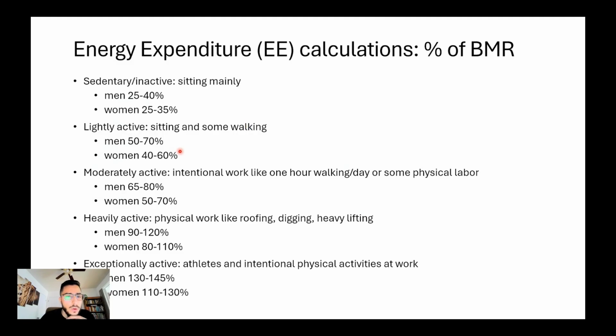You can just follow kind of a range, and you can also measure it as a percentage of the BMR. So a sedentary lifestyle where you're mainly sitting all day long, like for example, when you're working in front of a computer, for men, you'll usually spend between 25 to 40% of the BMR.